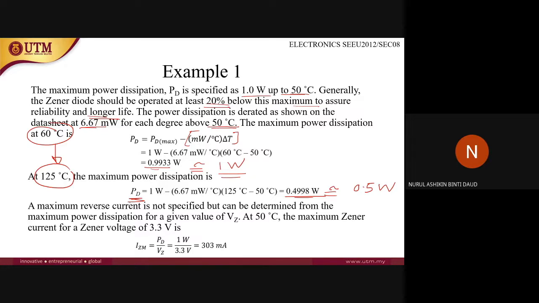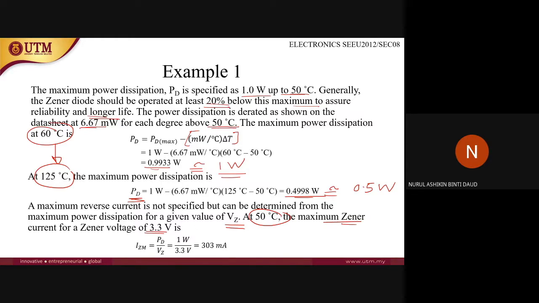A maximum reverse current is not specified but can be determined from the maximum power dissipation for a given value of Vz. At 50 degrees Celsius, what is the maximum Zener current for a Zener voltage of 3.3 volts?